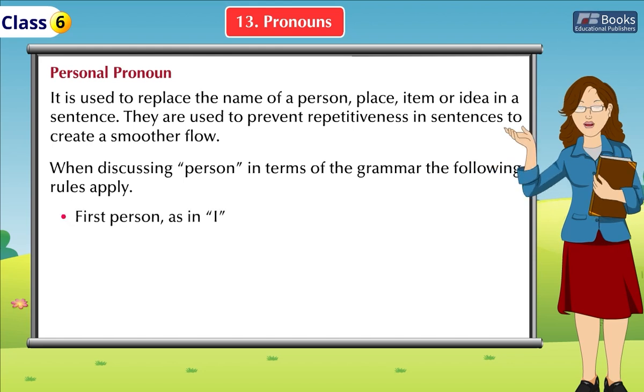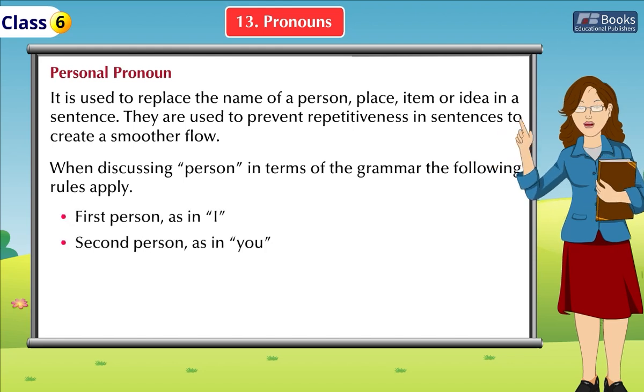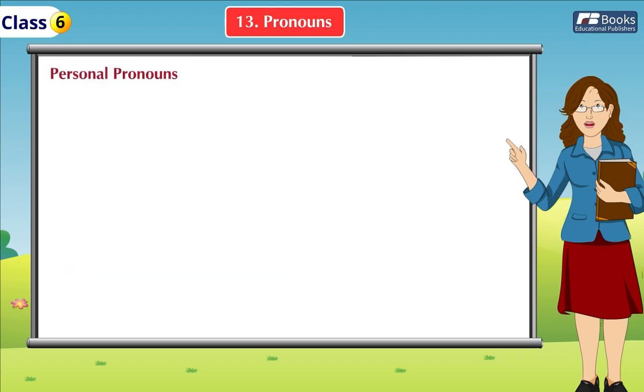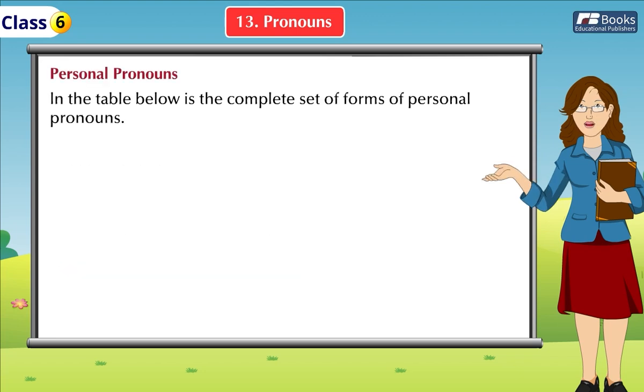First person as in I, second person as in you, third person as in it, he, she. In the table below is the complete set of forms of personal pronouns.